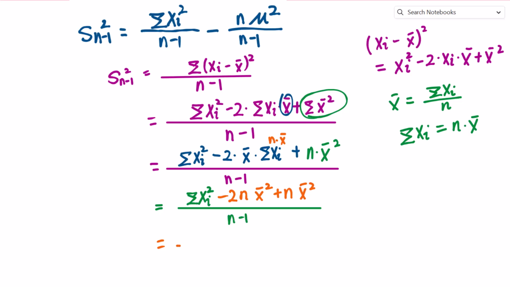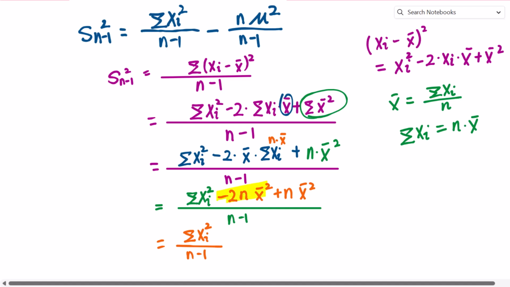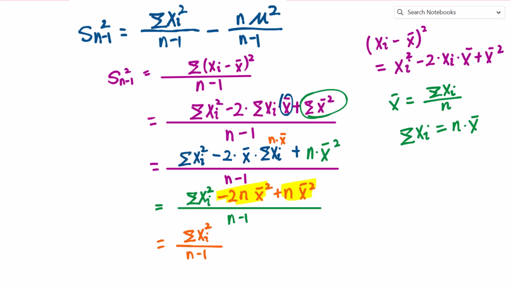Simplify. Separate. Sigma of xi squared over n minus 1. Combine like terms. We got minus n times x bar squared, denominator n minus 1.